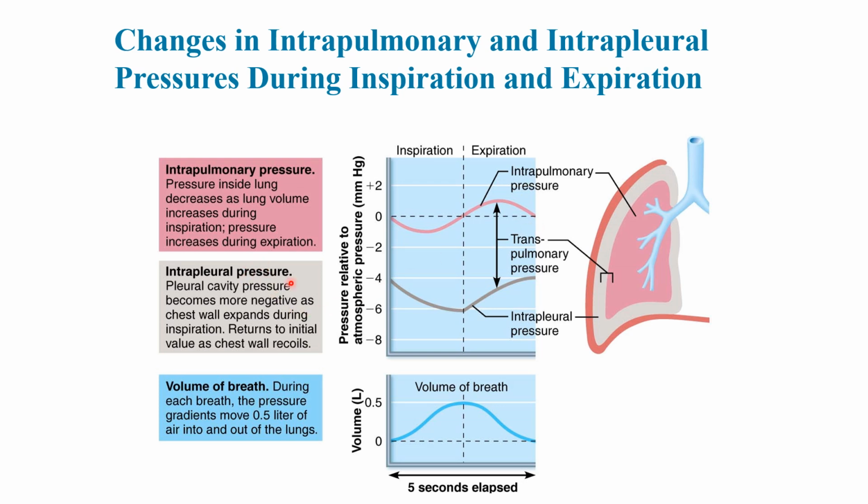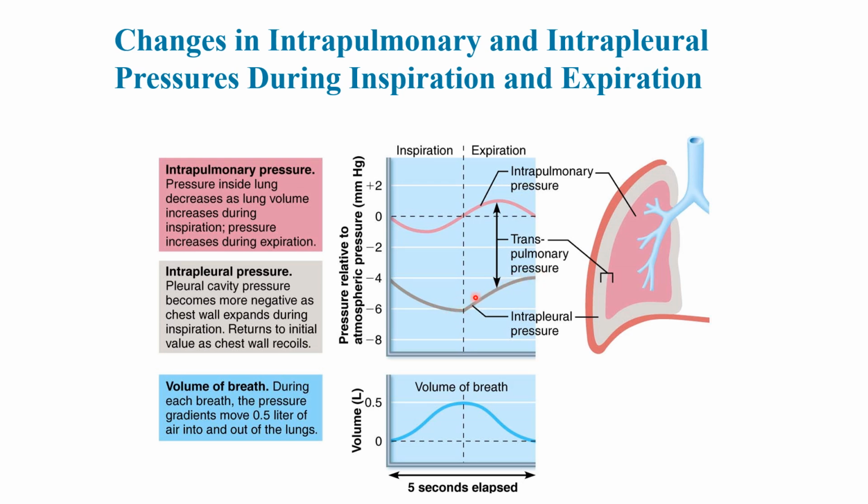And then the intrapleural pressure also changes with breathing, and it always stays negative. This is important. So during inspiration the intrapleural pressure goes from -4 to -6, and then during expiration it comes back to -4.